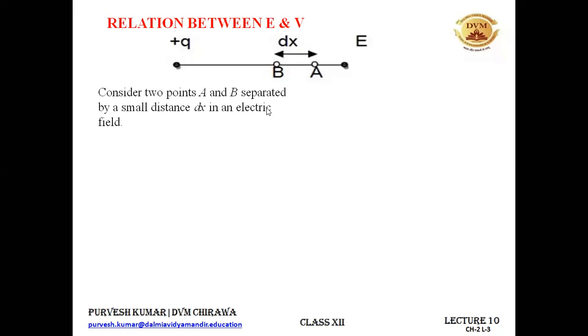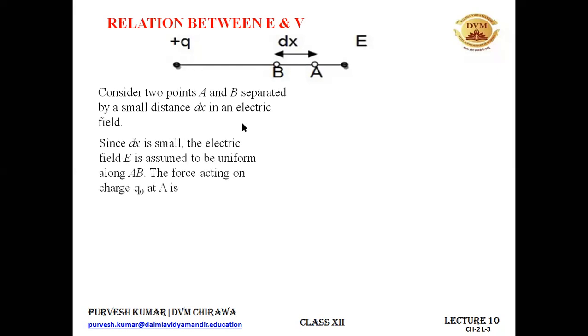Consider 2 points A and B separated by a very small distance dx in an electric field. Now dx is a very small distance. The electric field E is assumed to be uniform along AB.